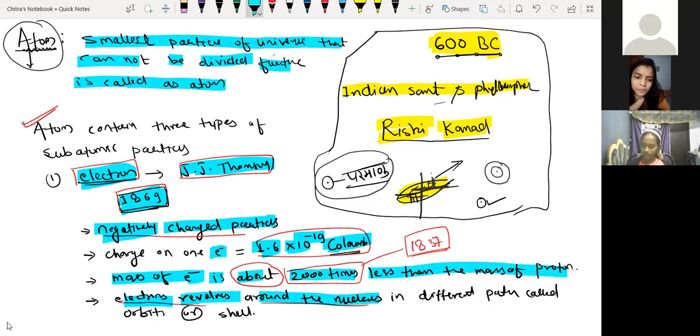These different paths are called shells, and these shells are nothing but different energy levels.